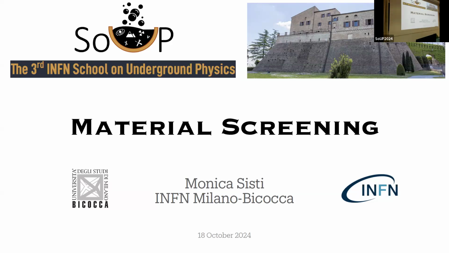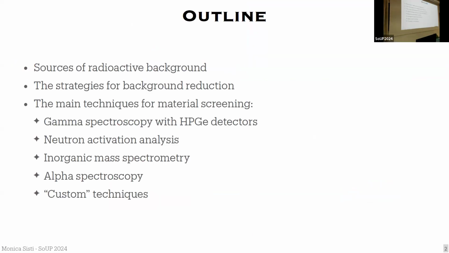So what we discussed this morning are the sources of radioactive background that we have seen mentioned several times this week as a problem or a tool in neutrino experiments.